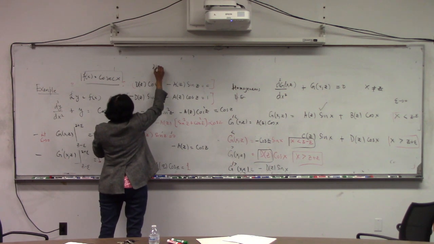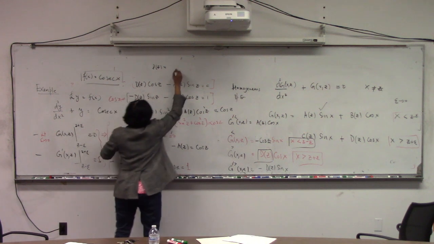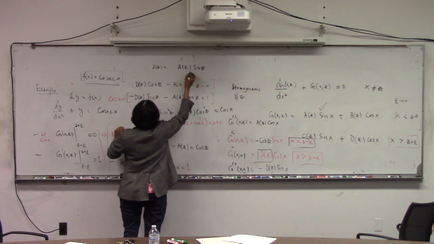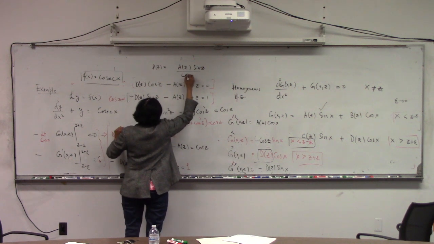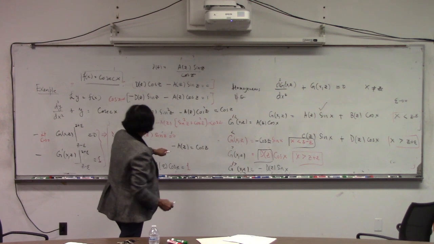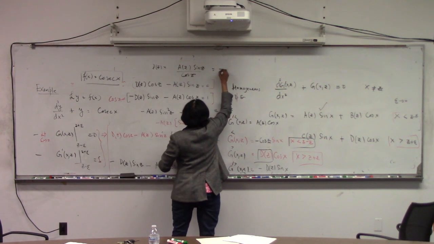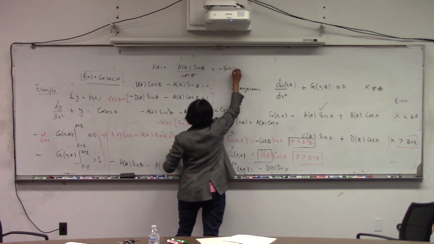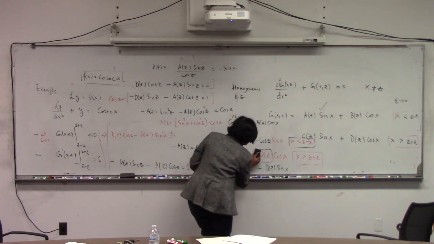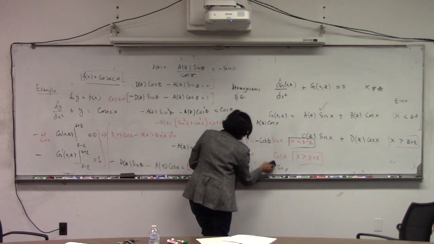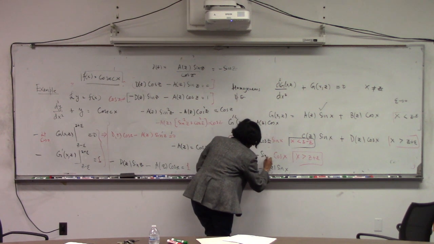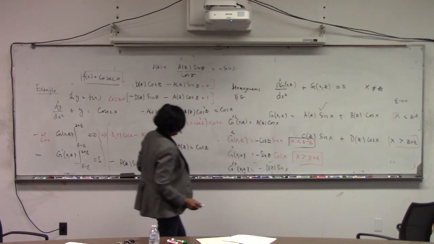So dz is nothing but az sine of z divided by cosine of z, and az was this, so it's nothing but negative sine of z. It's very symmetric. So dz is now negative sine of z cosine of x.